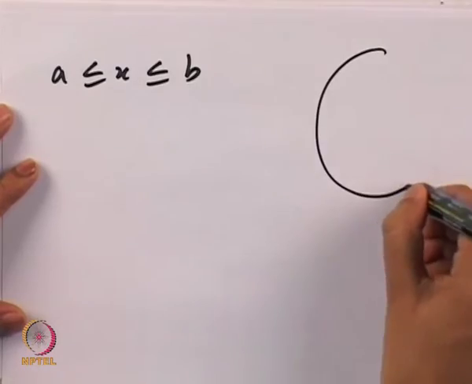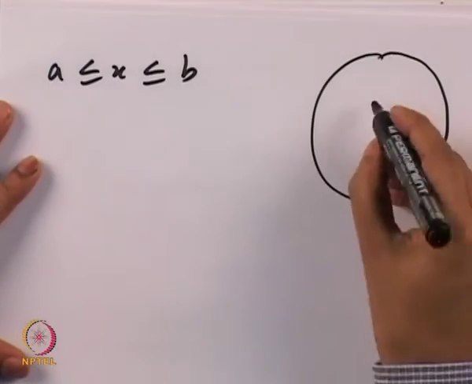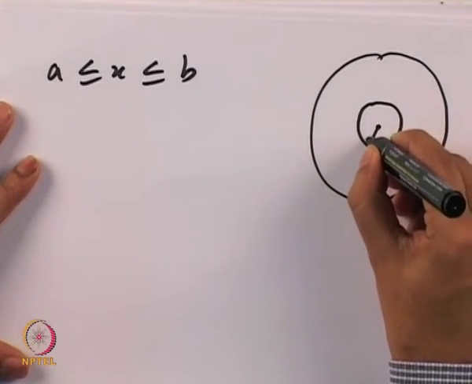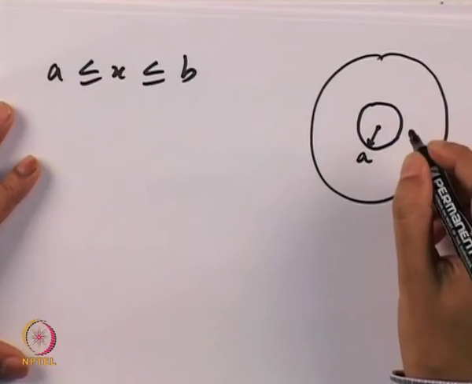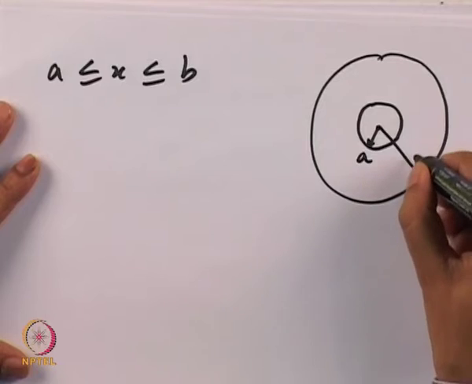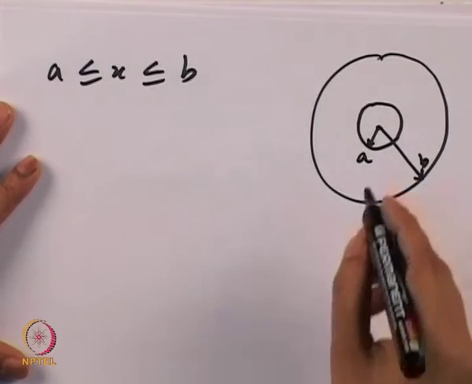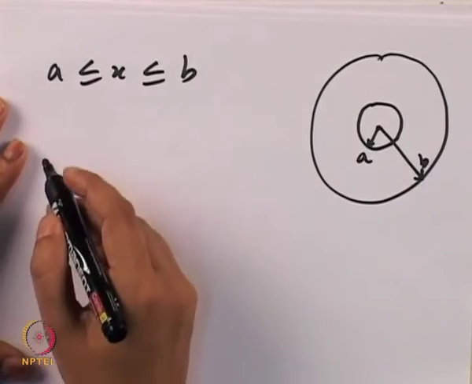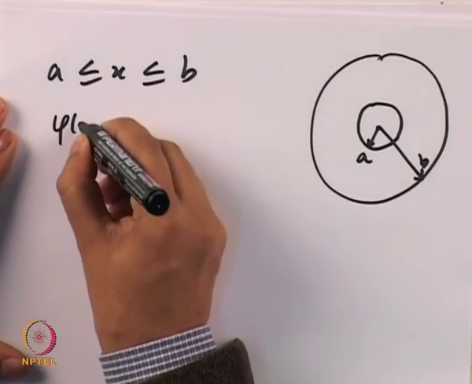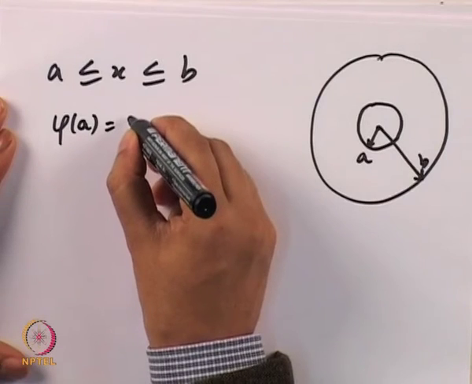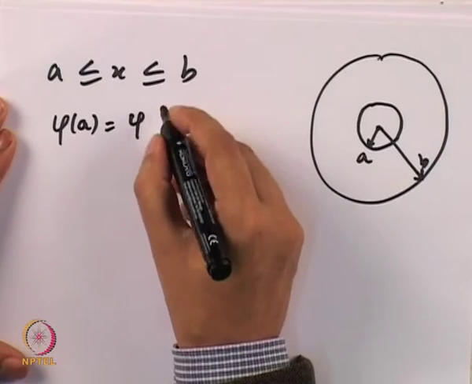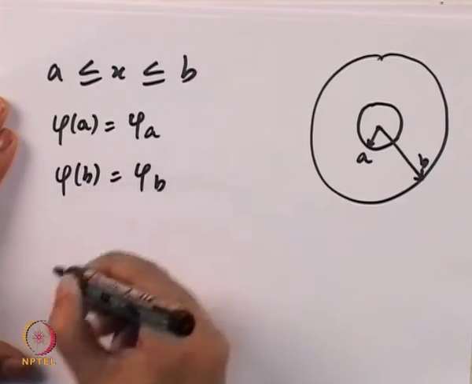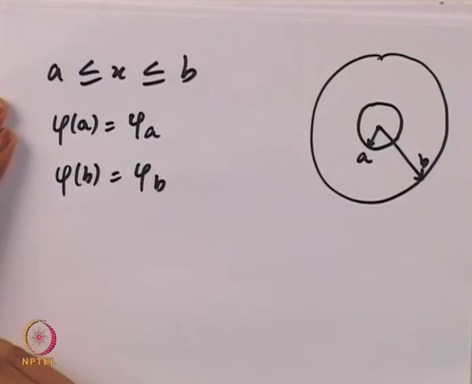Remember we had an outer conductor and we had an inner conductor, and this is A and this is going to be B, and x is any region between A and B, including the point of A and point of B. And second thing is the potential phi of A is equal to phi A, and the potential at B is equal to phi B, and these are the specified boundary conditions.